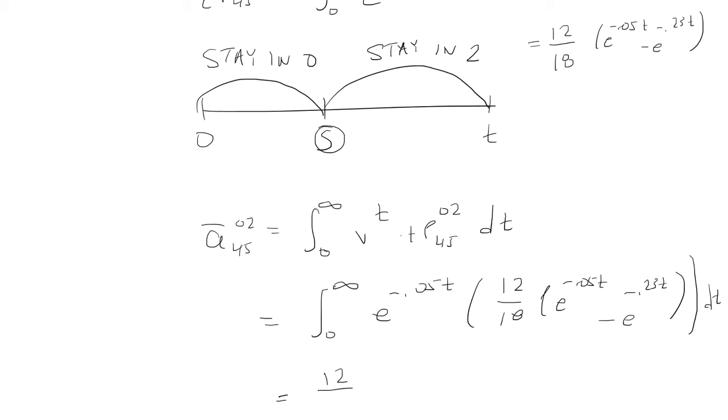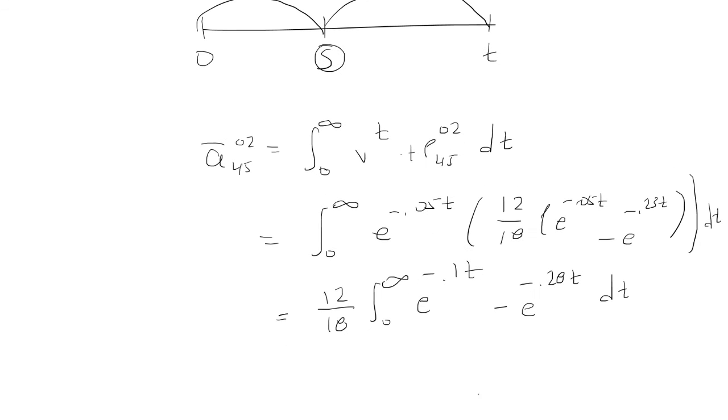So I can pull out the 12 over 18 and distribute the e to the negative 0.05 t. So I get e to the negative 0.1 t minus e to the negative 0.28 t dt. Integrating, I end up getting 12 over 18 times the quantity 1 over 0.1 minus 1 over 0.28, which is 4.2857.